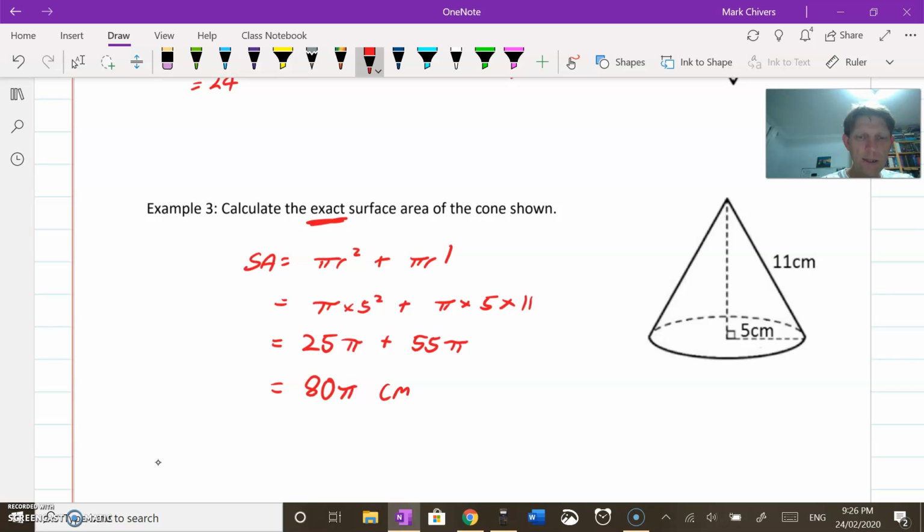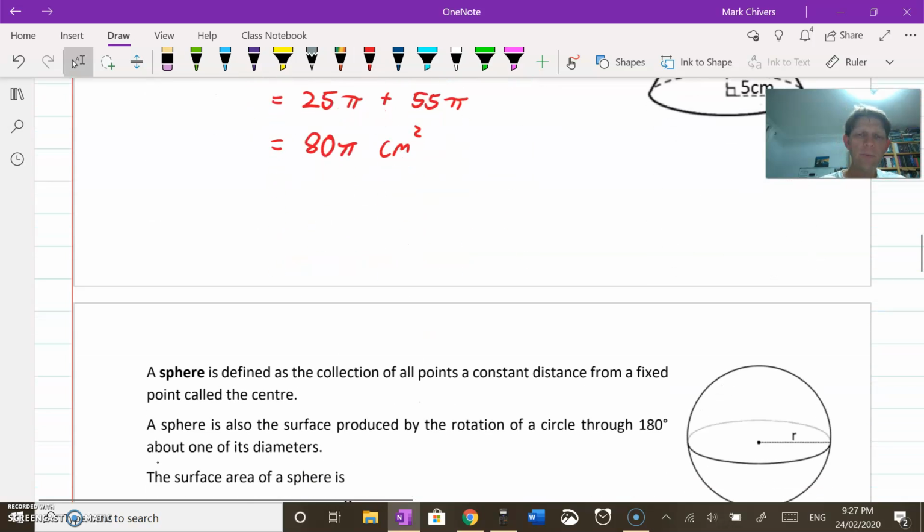Obviously, it's 80 pi centimeters squared, still in those units. So 80 pi is more exact than actually putting 80 times by pi in the calculator, because once we put it in the calculator, we're getting an approximation. And if you're doing higher level maths where we need to take a few more steps yet, it is a lot easier to leave it as 80 pi than to have some number with a whole lot of recurring decimals.